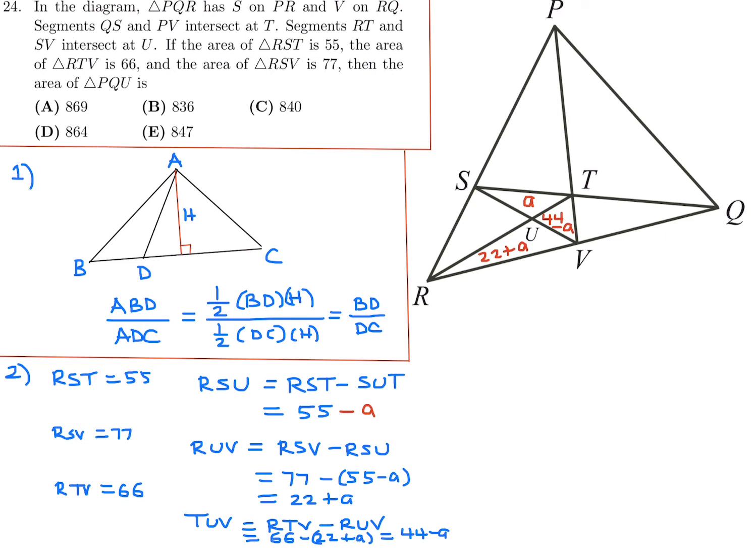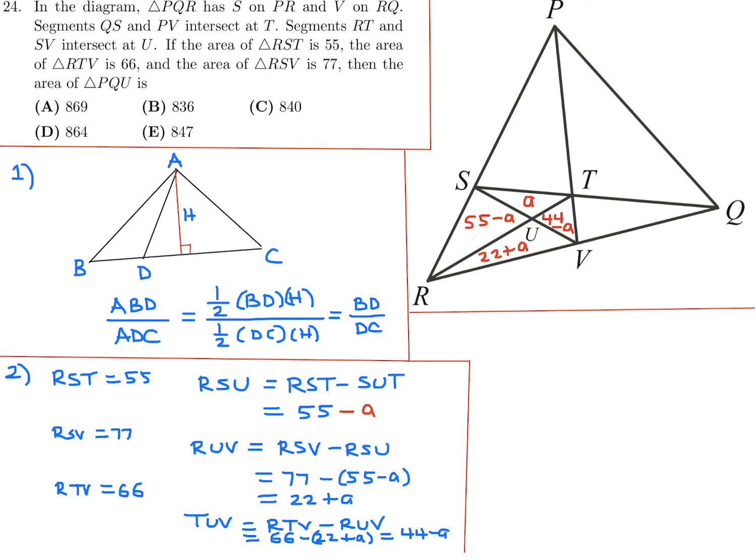All right, so we have one more similar comparison, and that's going to be as follows. Before I get to that, let me just complete this. RSU was 55 minus A, so let me just put that in there. Okay, now we can get to the next part. Now, I want to figure out what is the value of A here.